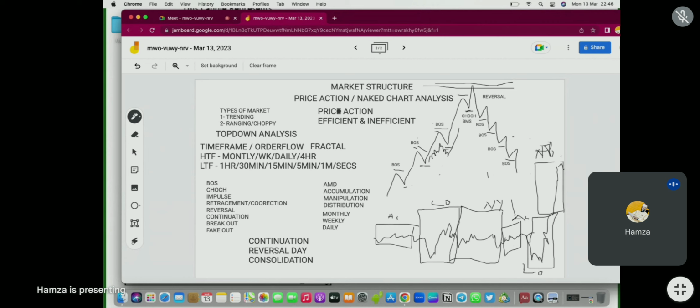But just understand basic market structure here. This thing is enough to save you so much. Oh gosh. All right. Now, which brings me to the concept of complex pullback.